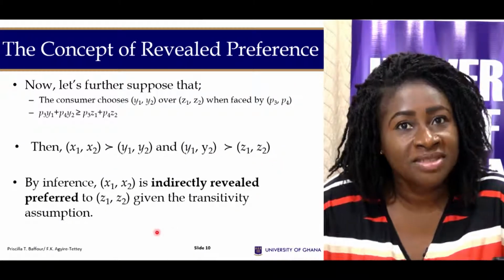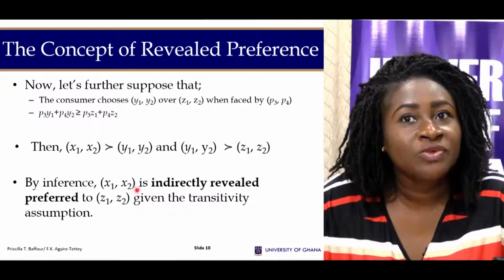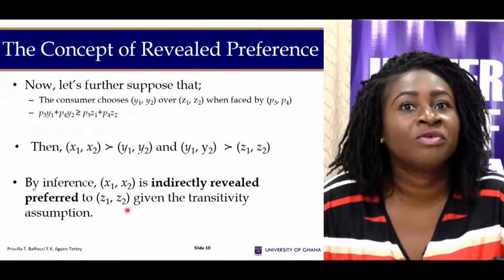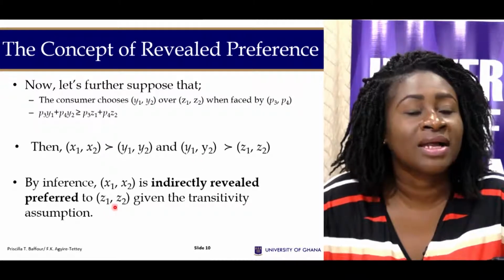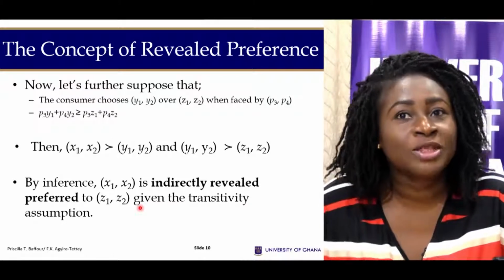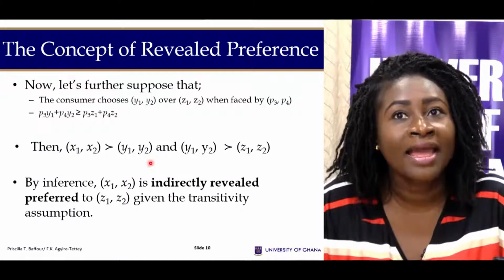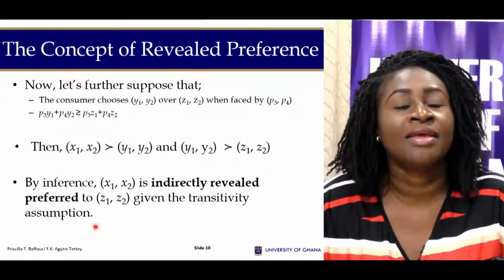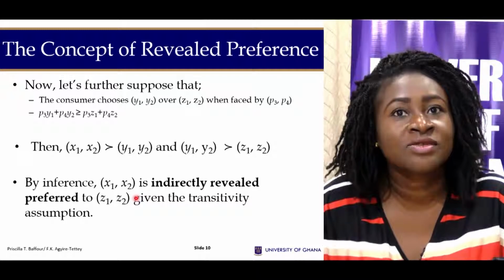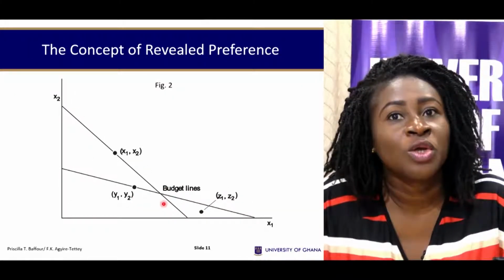So by inference, by transitivity, (X1, X2) is indirectly revealed preferred to what? (Z1, Z2). We are transposing the choice by transitivity. If you prefer X over Y and Y over Z, then you prefer X over Z. This is what we're trying to indicate here.